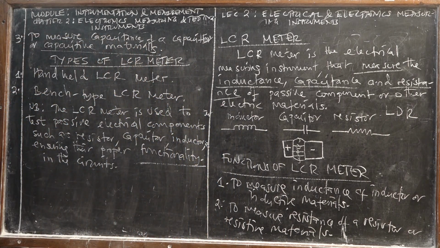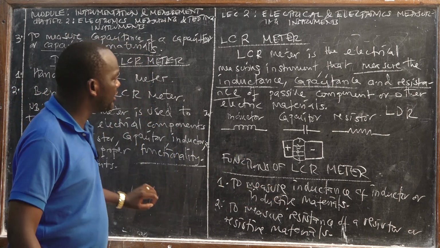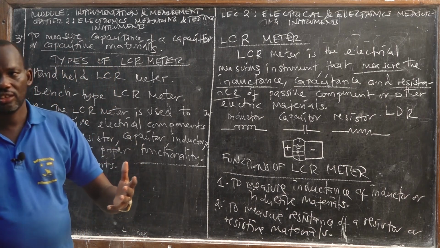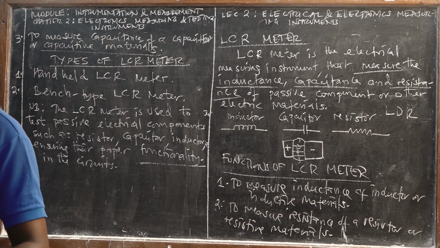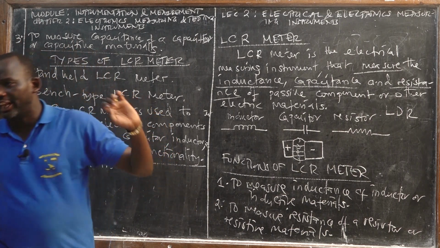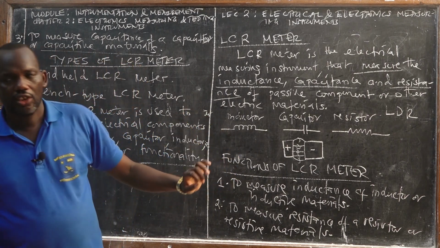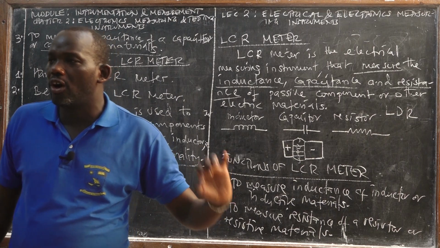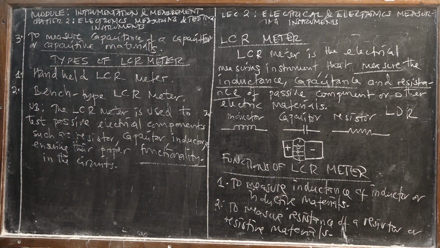The main function of the resistor is to limit the flow of current from one point to another. So the LCR meter can be used to test whether the resistor, the inductor, or the capacitor is alive or dead. Okay, class?